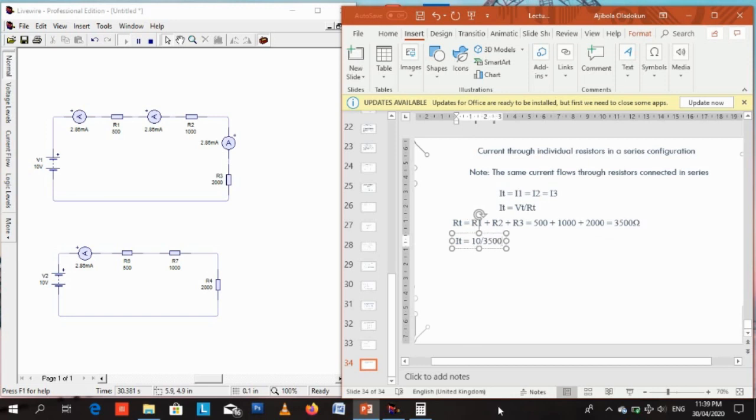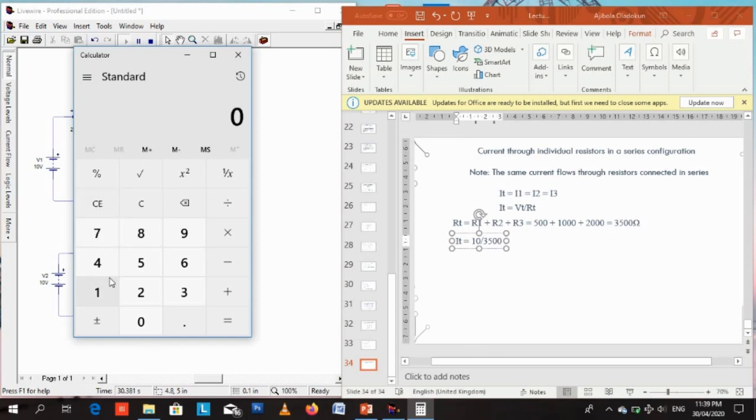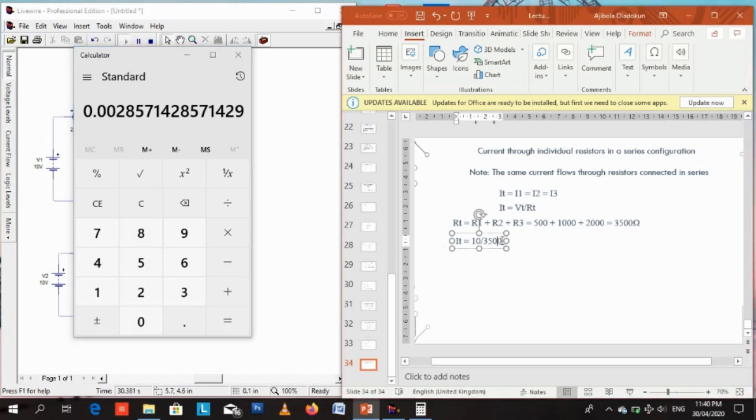So that's 10 volts, which is VT, divided by 3500 ohms, which is RT. That is equal to 0.00286 amps.